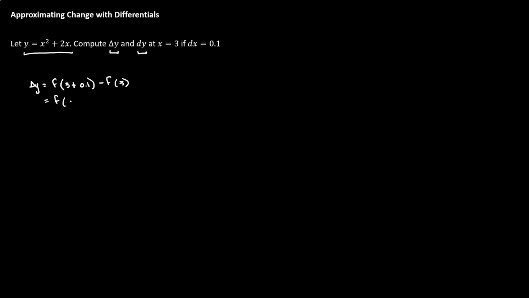So we're really looking at f at 3.1 minus f at 3. We can plug each of these into our function and calculate. Simplify this out with a calculator.